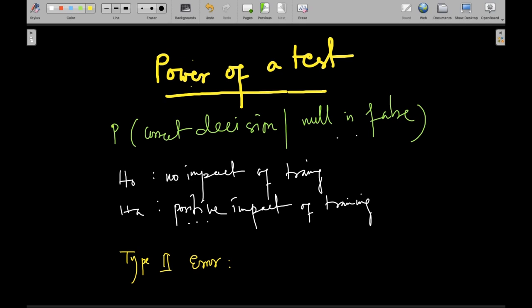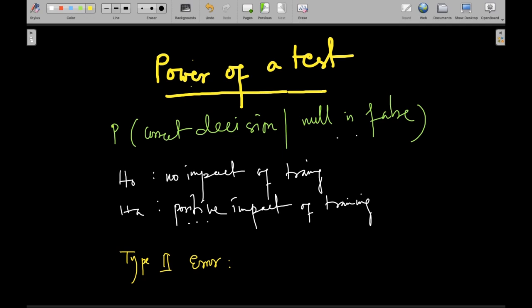For example, we wrongly identified that there is no impact of training, so we identified it as negative, whereas there is a true impact. We found that there is no status quo change, whereas there is a status quo change.